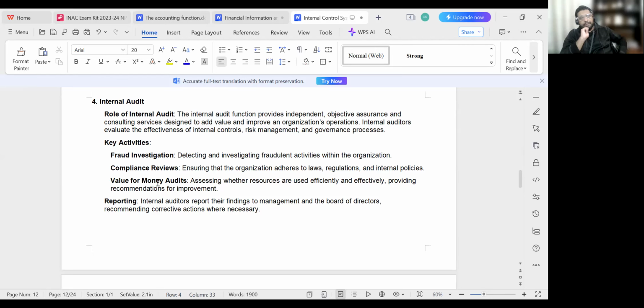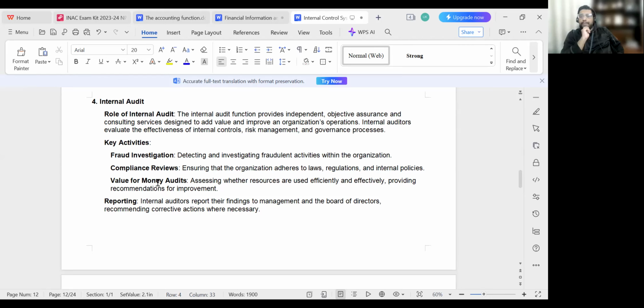External audit works for the shareholders. But on the other hand, internal audit makes sure that the organization is working effectively. The internal auditor will keep on checking the control systems and see whether the internal control system is effective, right? They would check everything. They do fraud investigations.